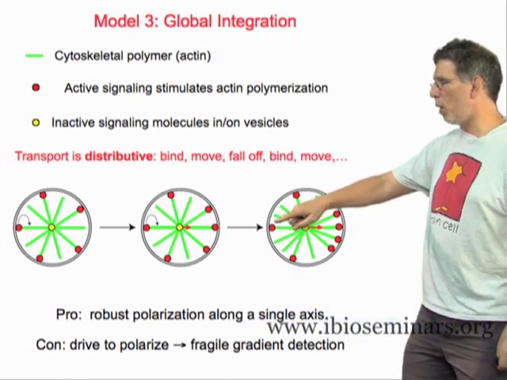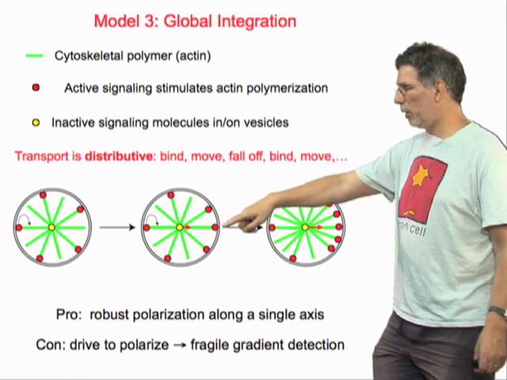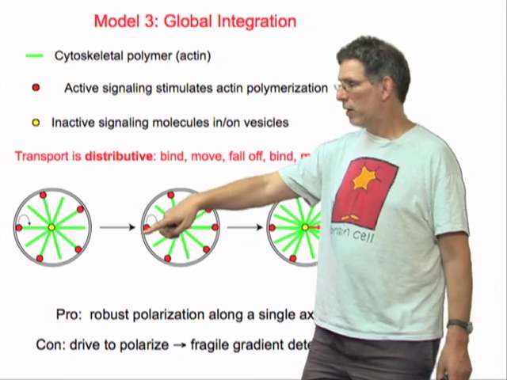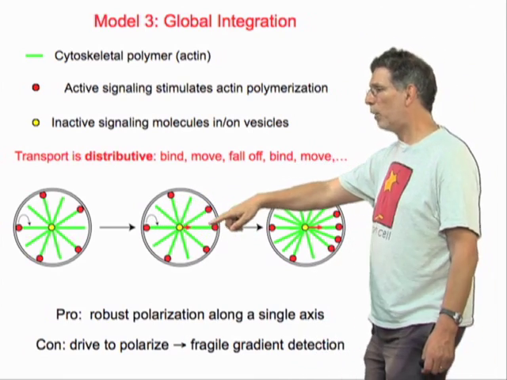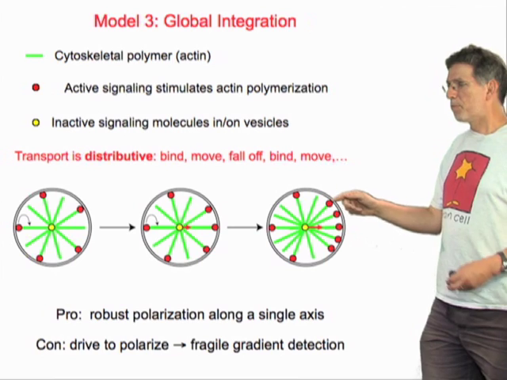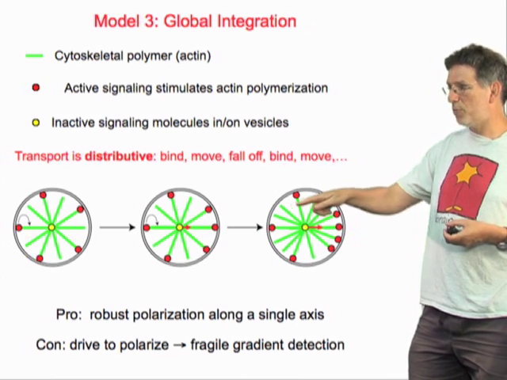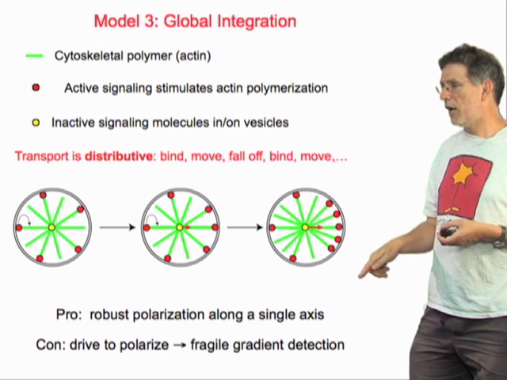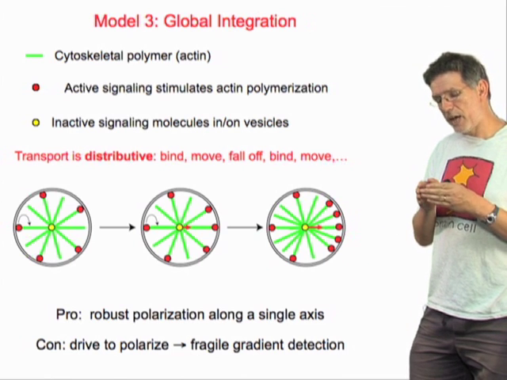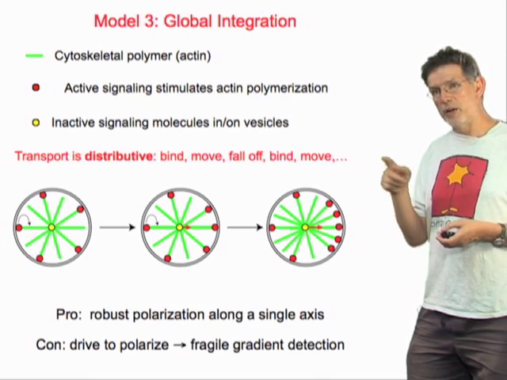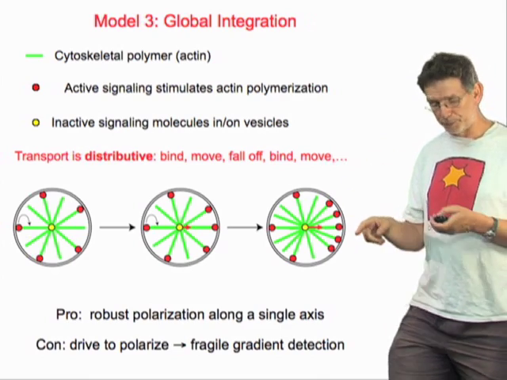So you can imagine that one way of getting more molecules on this side of the cell than the other is there's a little more pheromone over here than there is over there, right? That will help this process. But if the drive is so strong that little random fluctuations can tip the balance quickly, the cell has a race between detecting the gradient in pheromone between one side and the other, and one of these random events running away and polarizing the cell.